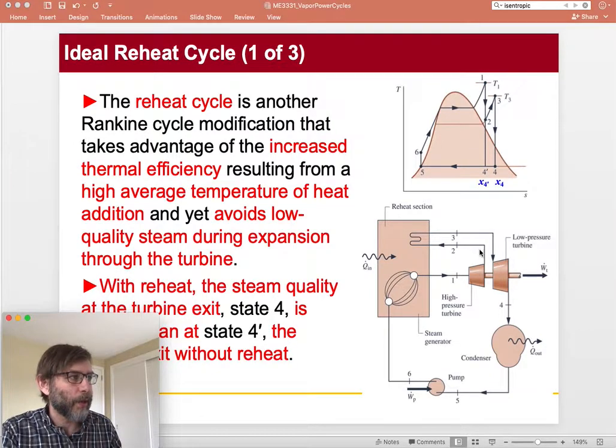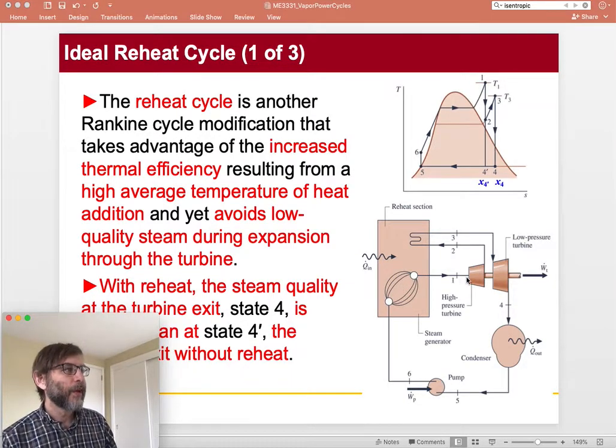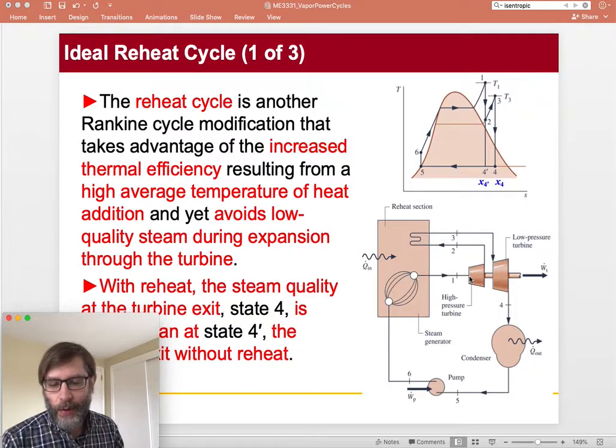So you come out of the boiler, and 6 to 1 is your first thing. So 6 goes to the boiler. Great. You boil and superheat in the steam generator, make some superheated stuff, go into this first stage of the turbine, and then you come out. But then you don't go right to the condenser. You go from there into a secondary stage of heating called a reheater.